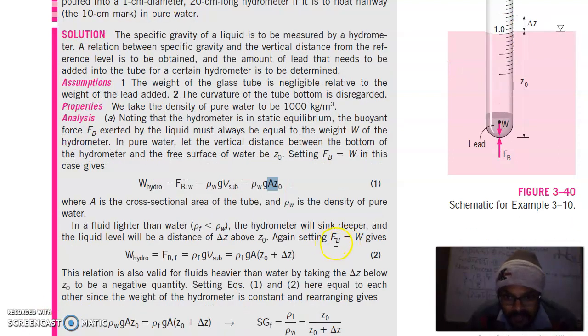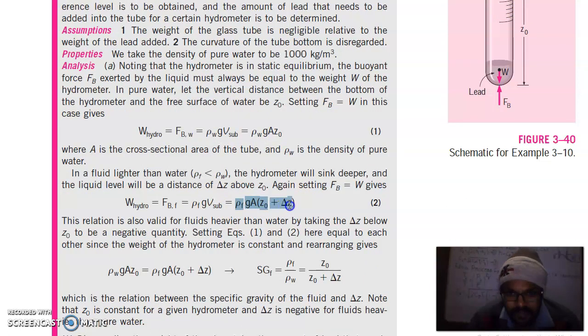In that case, the buoyancy force and weight will be balanced. So W hydro is equal to the buoyancy force in the different fluid, which is density of fluid times gravity times volume submerged. Now in this case, the volume submerged is Z0 plus del Z times the area. So this is the volume.